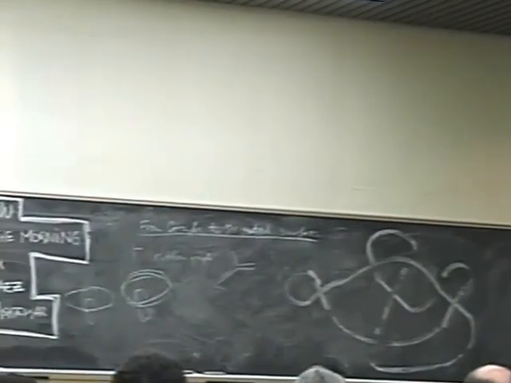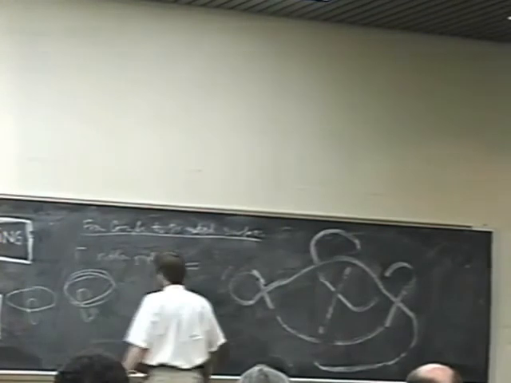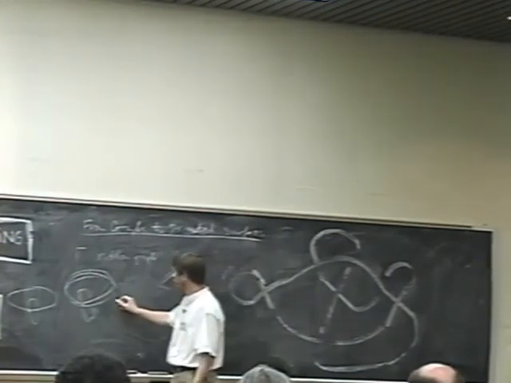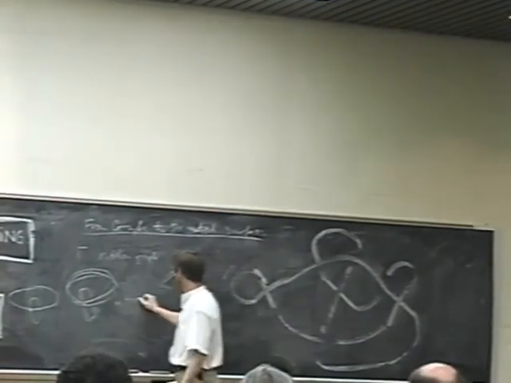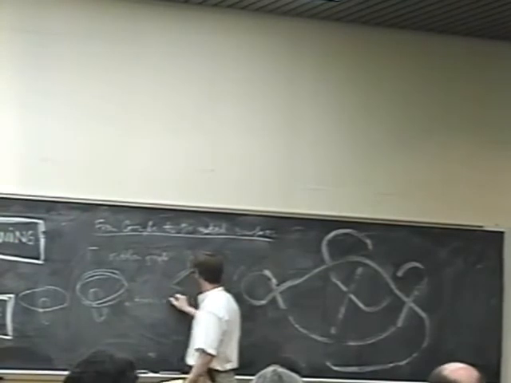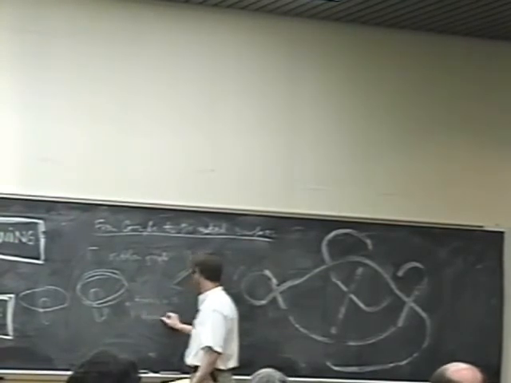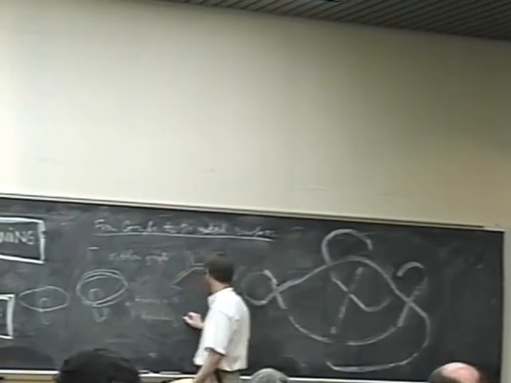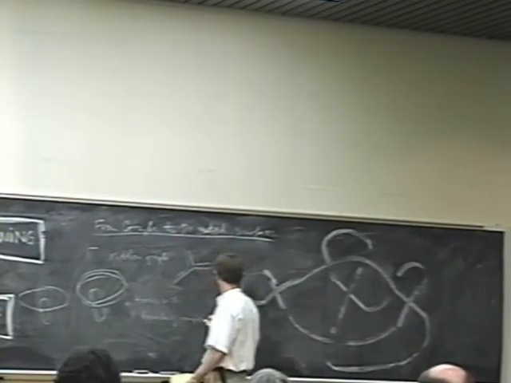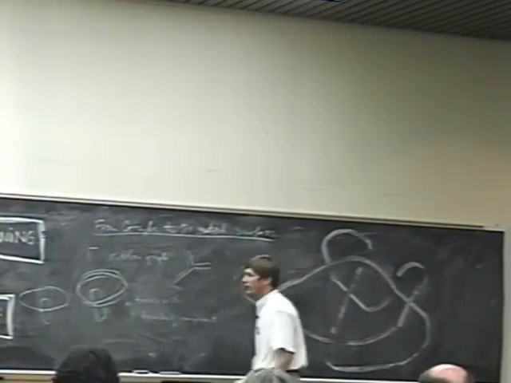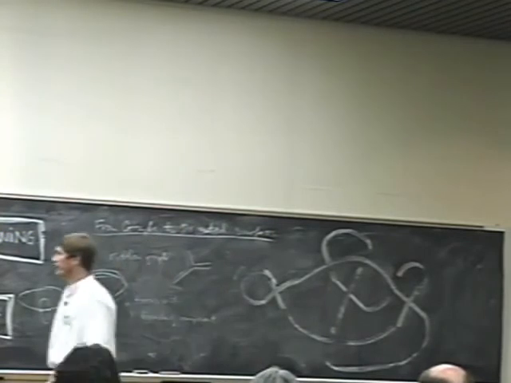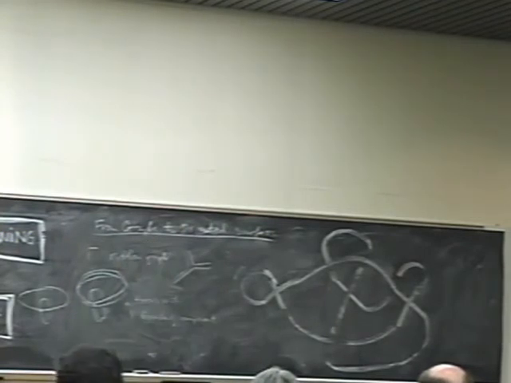You would have a torus with one hole, a torus with one boundary component. And so this is the way to see how those graphs are related to Riemann surfaces, to oriented surfaces.